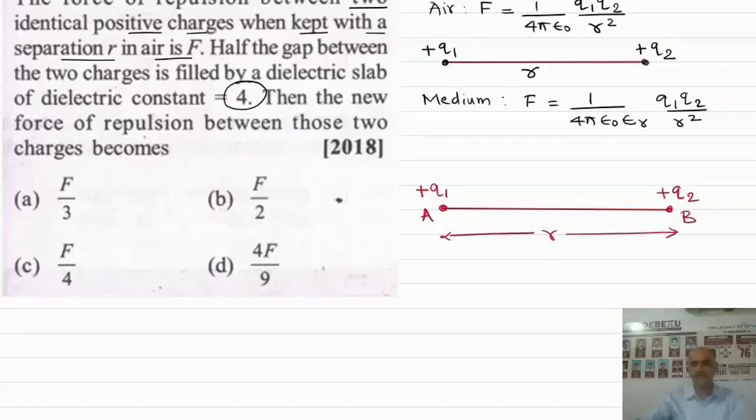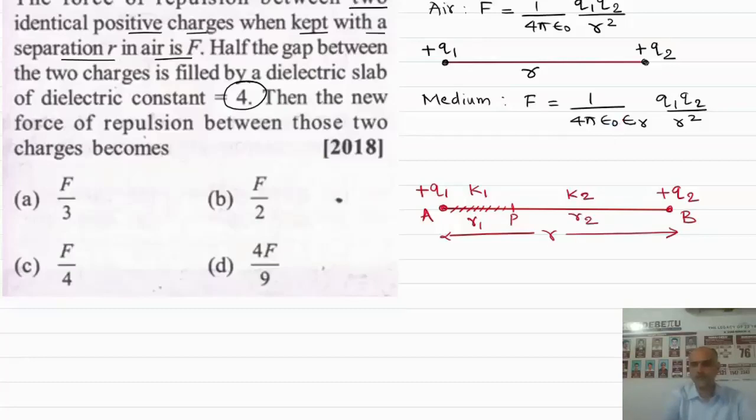Some part of the space between these two charges has one type of dielectric medium. The dielectric constant I will take as k1; instead of epsilon r we use k. This distance is r1, and on the remaining side there is another dielectric medium k2, and this distance is r2.